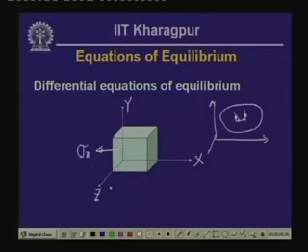We have the two shearing stress components, in the x plane acting in the y direction, which we call tau x y, and in the x plane in the z direction, which we call tau x z.